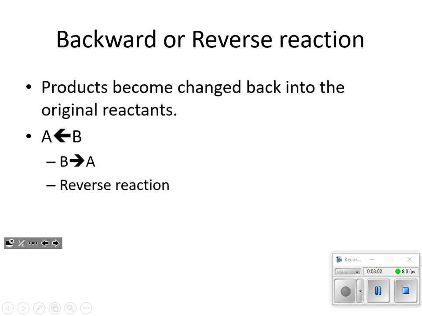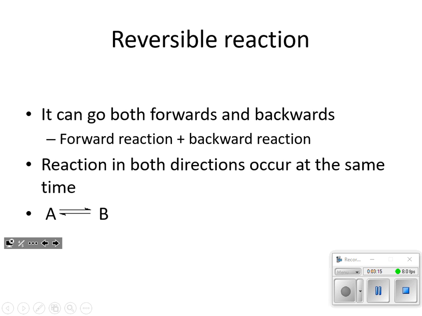The point I'm trying to make with the second example, B making A, is that, like you said, it'd be hard to determine reactants or products, so we can't do it that way. Instead, we have to use a double arrow, which is what I'm showing on this slide, that A makes B while B makes A. So your number one way to identify a reversible or equilibrium reaction is that double arrow between things.